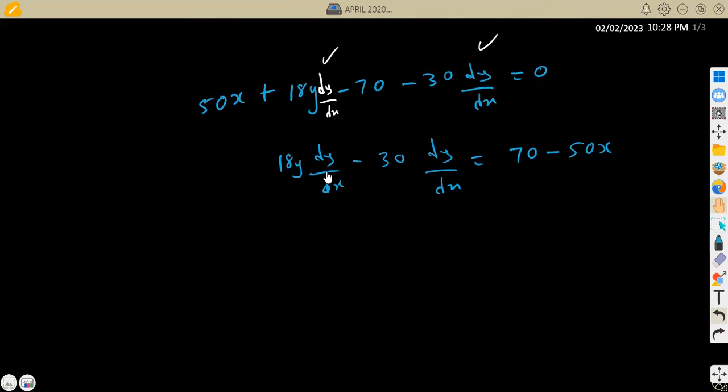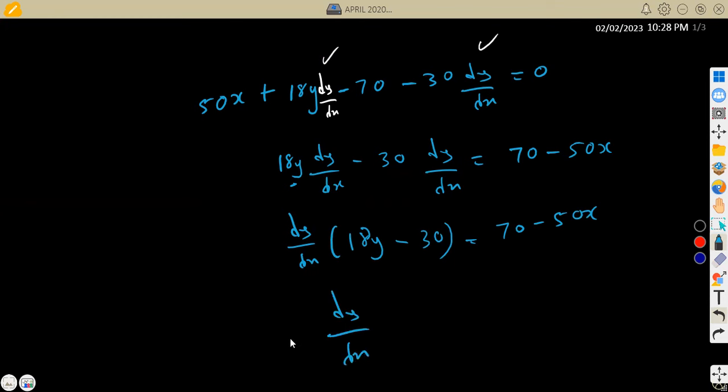You can factor out dy/dx, which is common. By factoring out dy/dx, we are remaining with 18y minus 30 is equivalent to 70 minus 50x. So to find dy/dx, we divide by this bracket, so dy/dx is going to be (70 minus 50x) over what we got there, which is 18y minus 30.